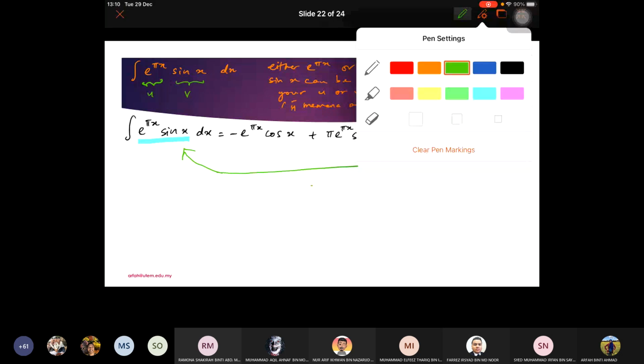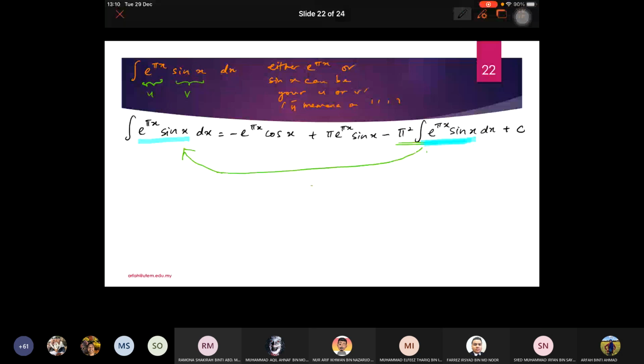So daripada sini awak akan dapat integration exponential pi x sin x dx tambah pi kuasa 2 integration exponential pi x sin x dx sama dengan negatif exponential pi x cos x tambah pi exponential pi x sin x tambah c.